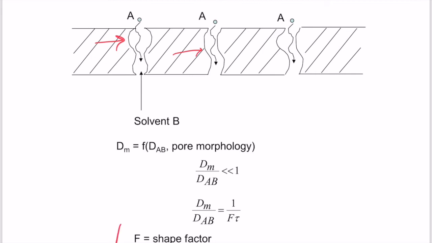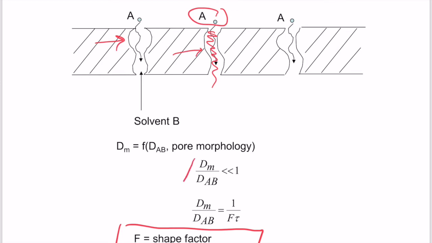Right. Now I can't speak for Dr. Babincy, but I do know that she did not stress a lot on that, so I don't believe it's going to be terribly important. Just something for you to know that if A is diffusing through B, and B is filling up this pore, then the more tortuous the pore, or the smaller the diameter, the harder it's going to be to diffuse.